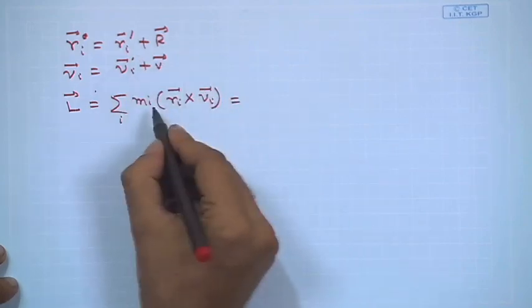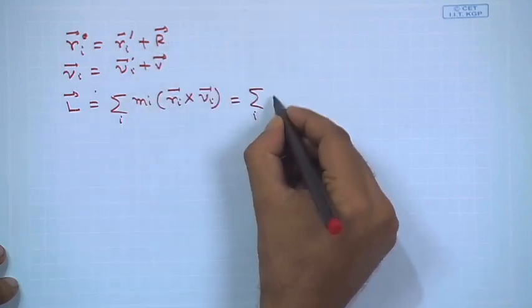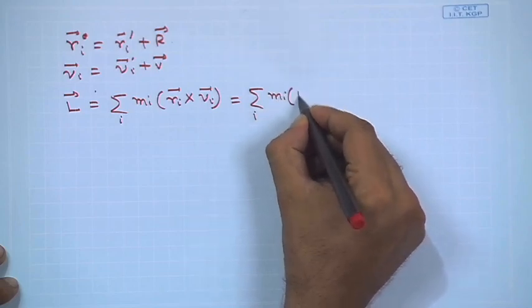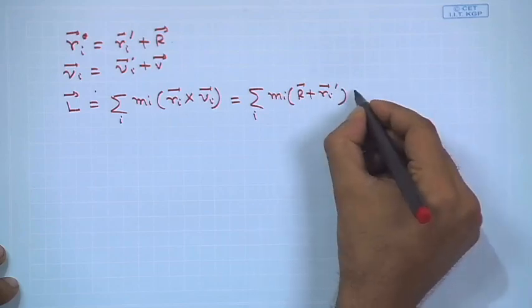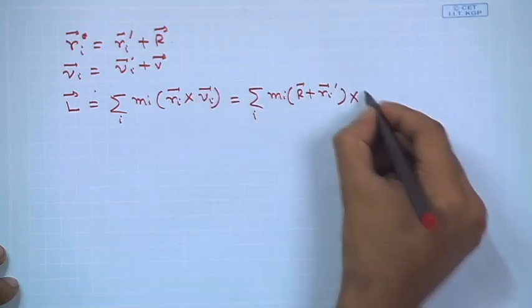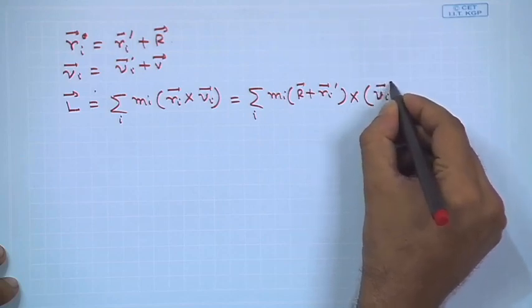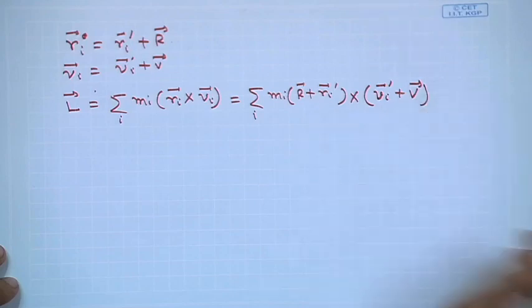Now, we substitute r_i with this relation. So, once we do that, we get m_i (R plus r_i prime), and also we substitute the same for v, we get v_i prime plus capital V. Capital V is the velocity of the center of mass.